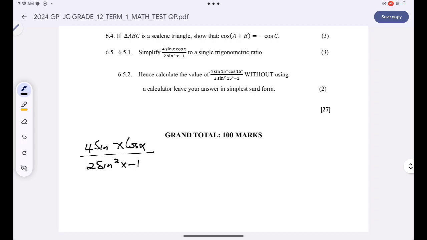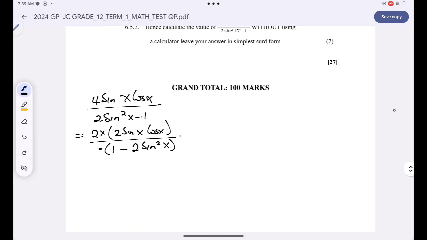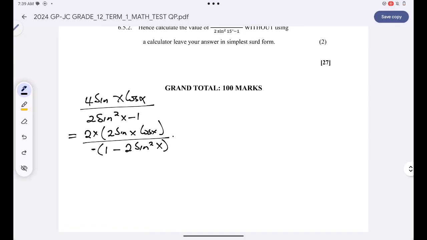My numerator can be rewritten as 2 multiplied by 2 sine x cos x, and then at the denominator I can take out a negative sign. I'll be left with positive 1 minus 2 sine squared x. Why am I introducing these two brackets?